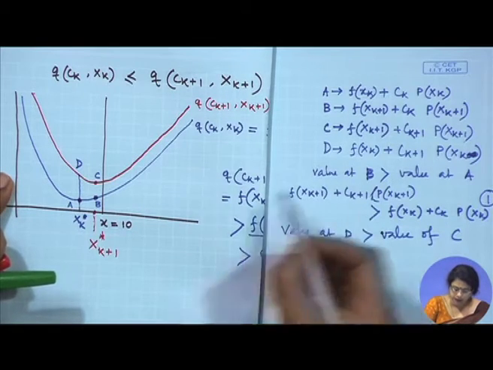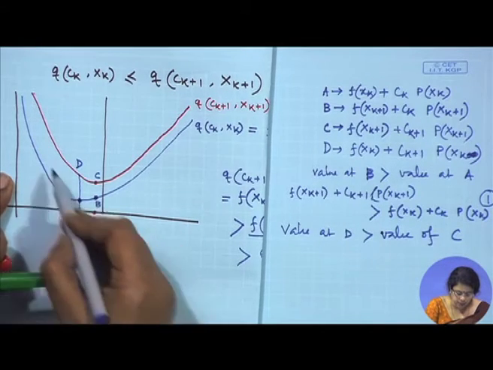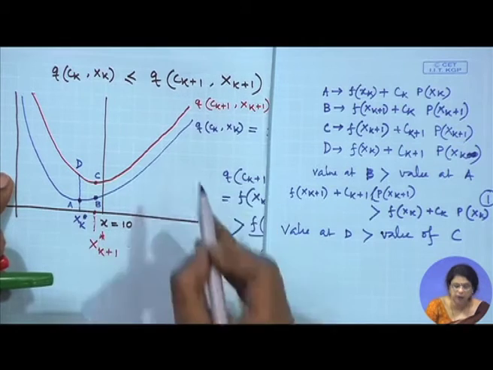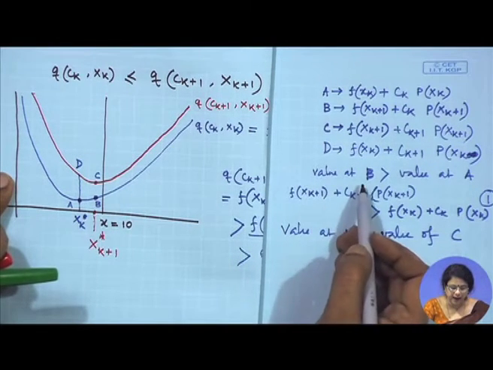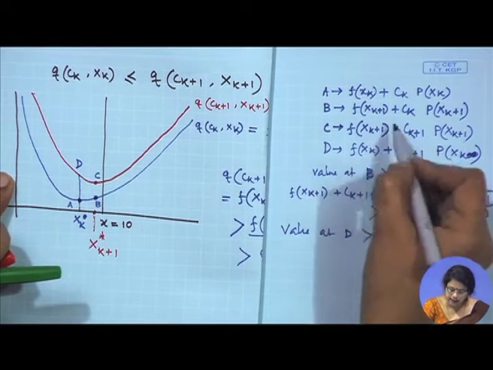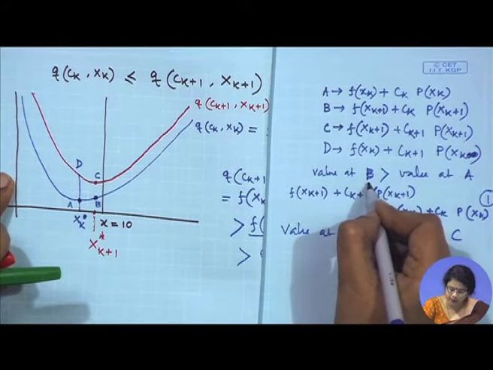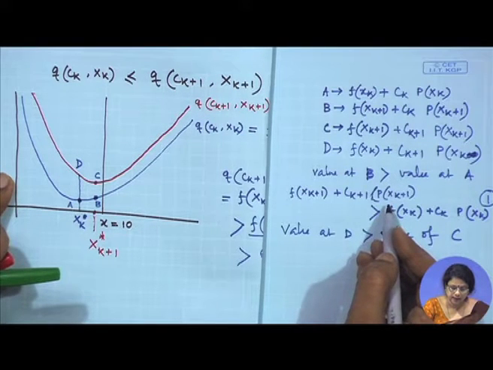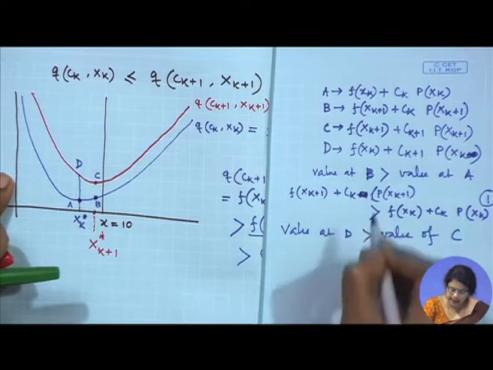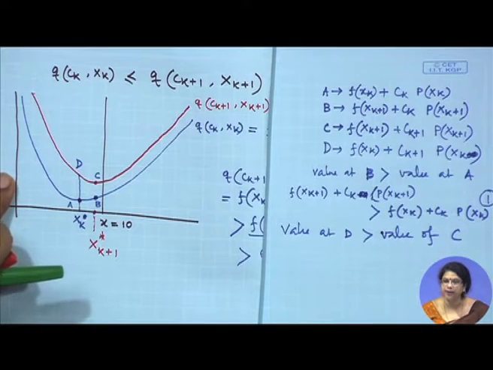Now, you see A and B both are on the blue curve. That is why value at B, now this is value at B I am considering, it should be c_k, value at B. All right.